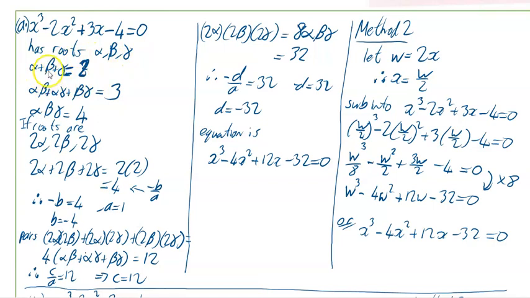So alpha plus beta plus gamma, that's the sum of the roots, equals 2. Where that comes from, remember your sum of your roots is equal to minus b over a. So b was minus 2, a was 1, so minus b over a is 2 over 1, so 2. Okay, this is the sum of the pairs of the roots.